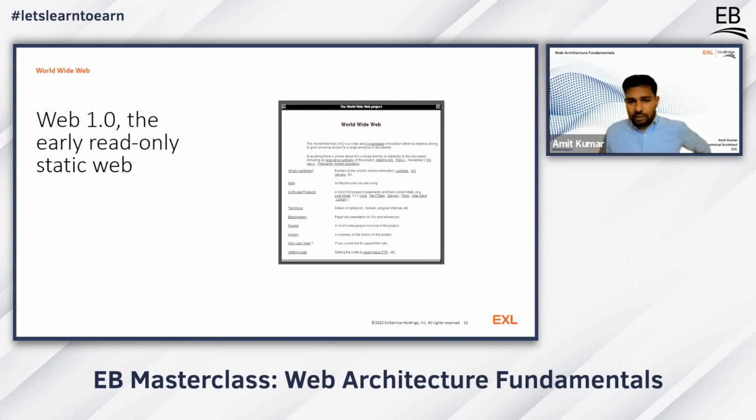If a user accessed any web page, it was the way it was designed. They designed the page, and anyone who accessed it would get the same view. So they kept such websites in the category of web 1.0, which was read only. There was no interaction, and in nature it was a static website.